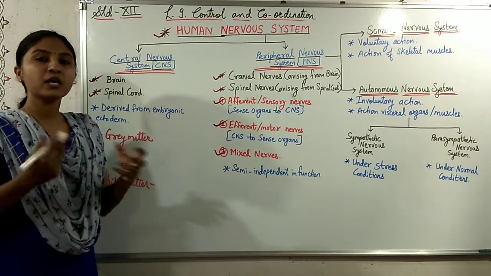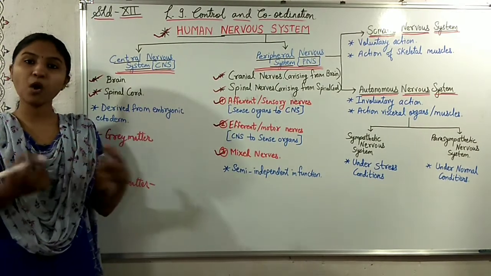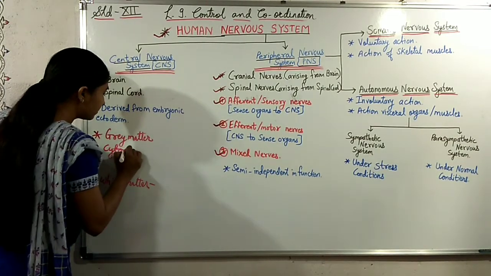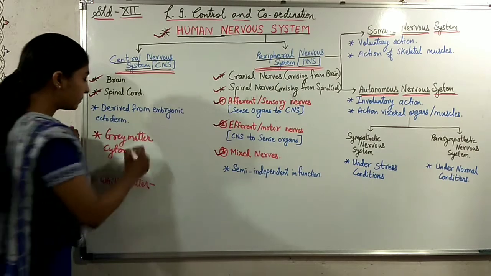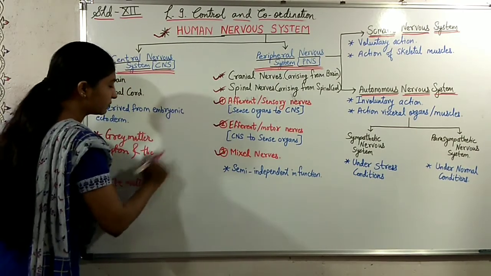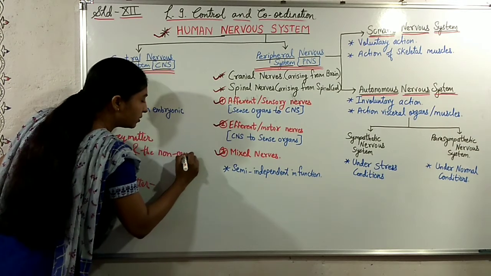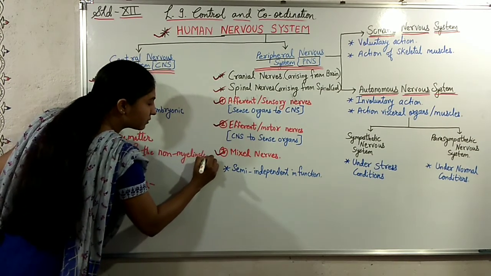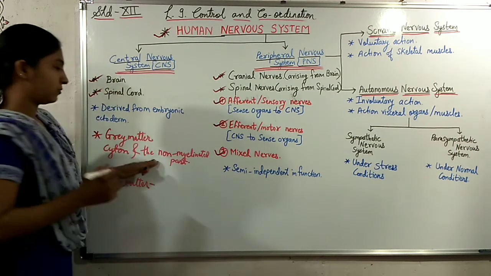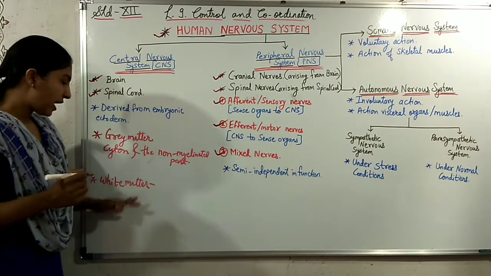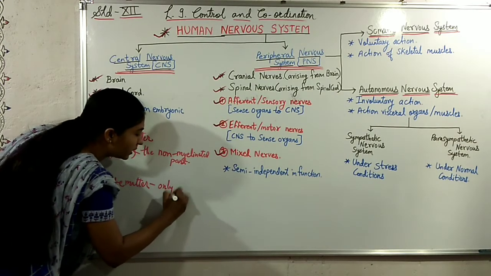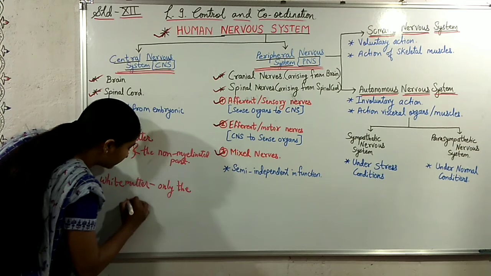So gray matter is basically the cell body of the neurons, that is the cyton of the neurons, and the non-myelinated part of the neurons. Whereas white matter includes only the myelinated part.